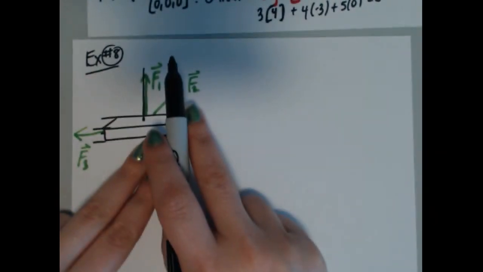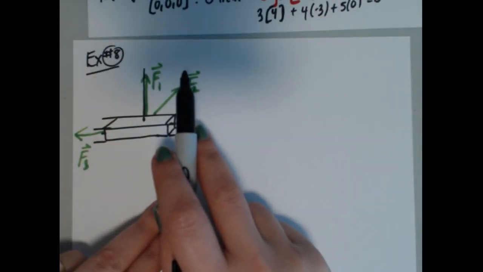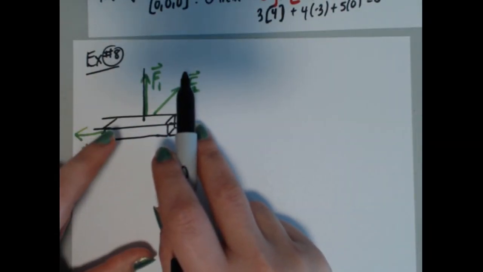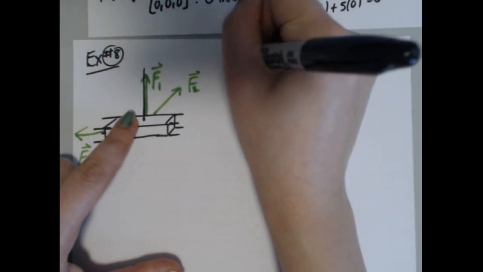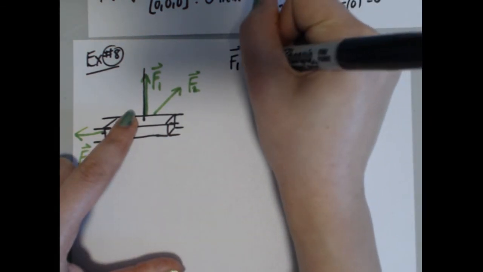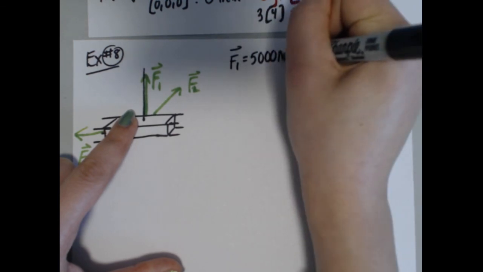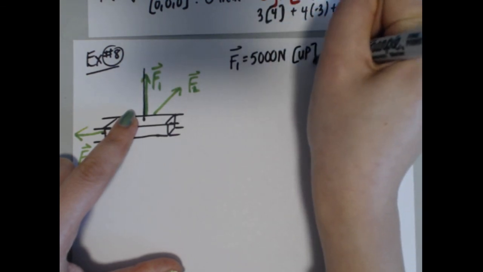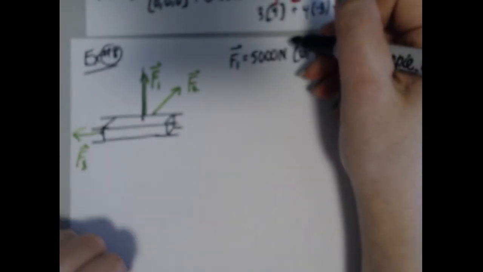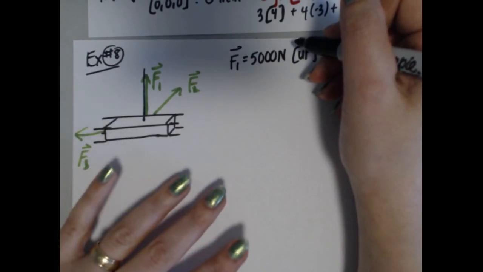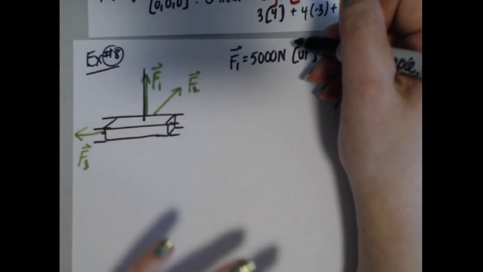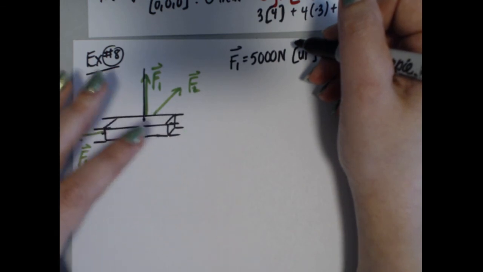Let me try to focus the camera here. There we go. Okay. So something to notice. Here, let me write down the forces. F1 is 5,000 newtons up. Notice up is not the same thing as north. North, northeast, southwest, that's on the plane parallel to the ground.